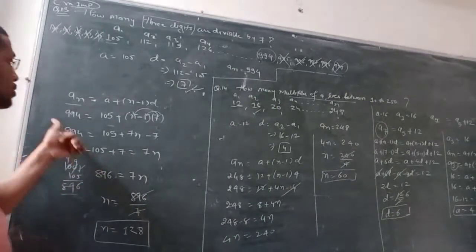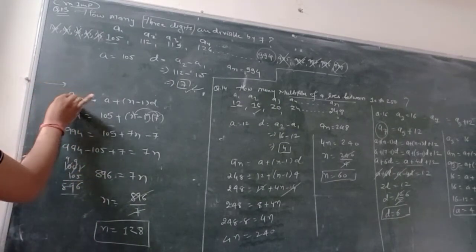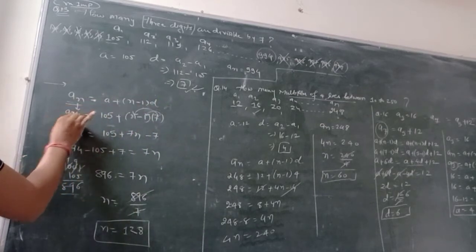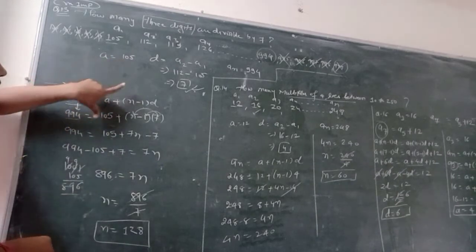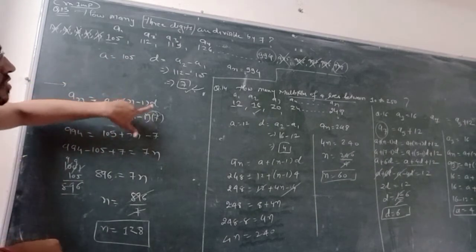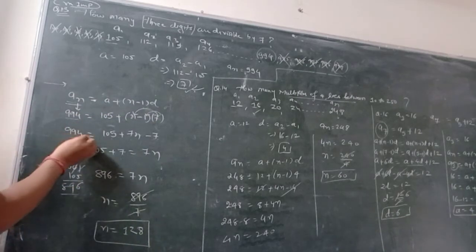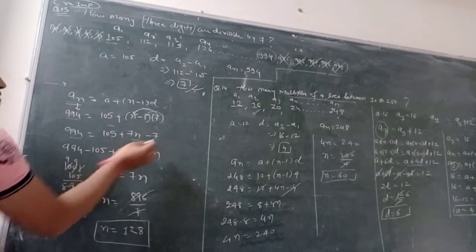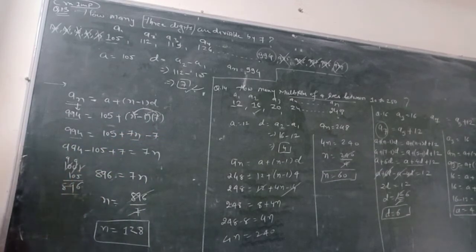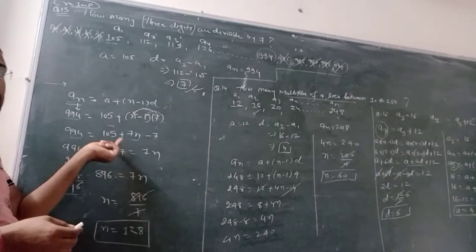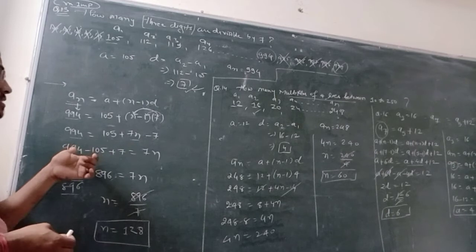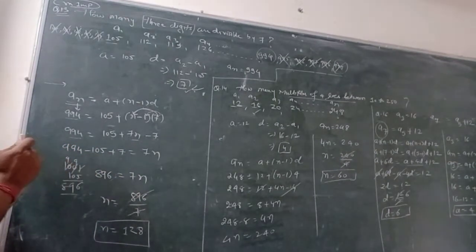So let's start. The formula: AN is equal to A plus N minus 1 times D. AN, that is 994, is given to you. A is 105, and the difference is 7. So 994 is equal to 105 plus 7 multiplied by N minus 1, that will be 7N minus 7. Transferring the values to the other side, the sign will change: 105 becomes minus 105, and minus 7 becomes plus 7.